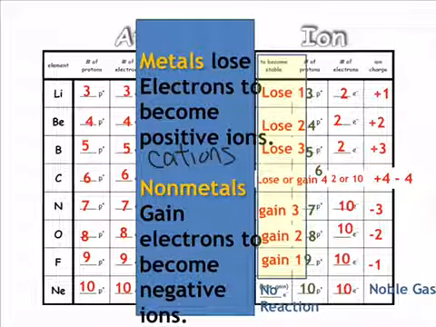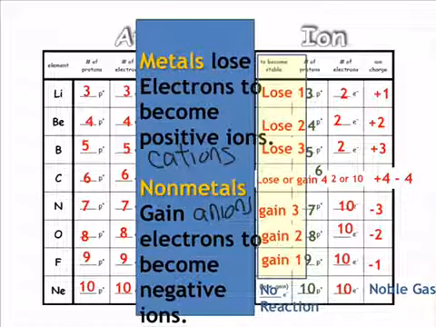And then, of course, nonmetals gain electrons to become the negative ions, which we call anions, a negative ion. If you're hearing me say this multiple times, you know that that's important to know. And this is certainly not the first time that we've gone over that fact.